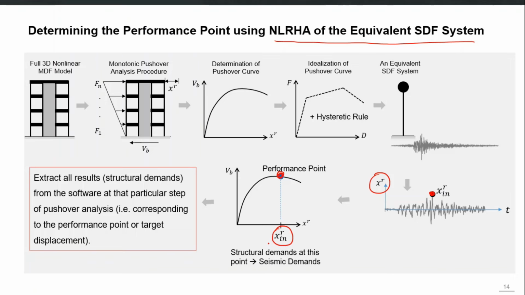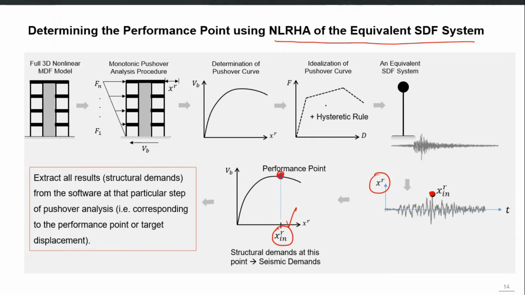So all three approaches are aiming at determining this peak roof displacement, right? But they are based on different assumptions. One important point is that when you give this monotonic curve or backbone curve to your equivalent single degree of freedom system, you also have to provide a cyclic behavior.